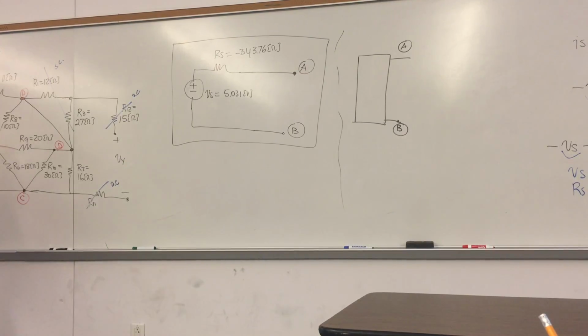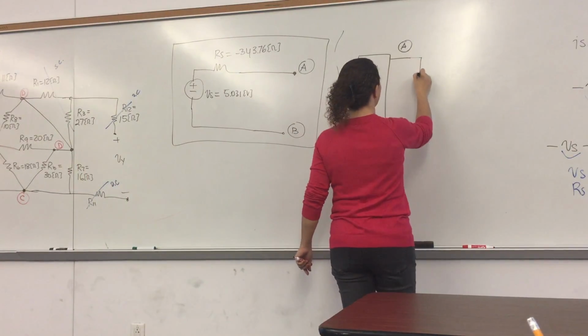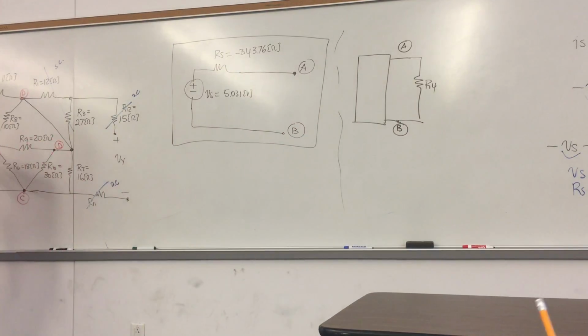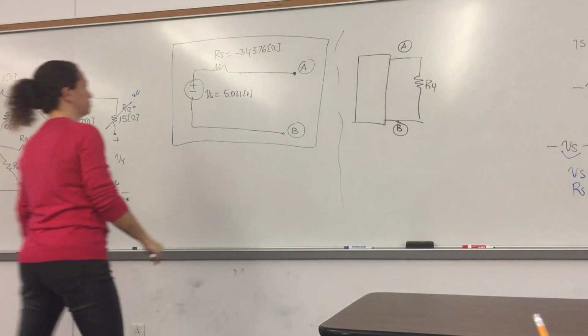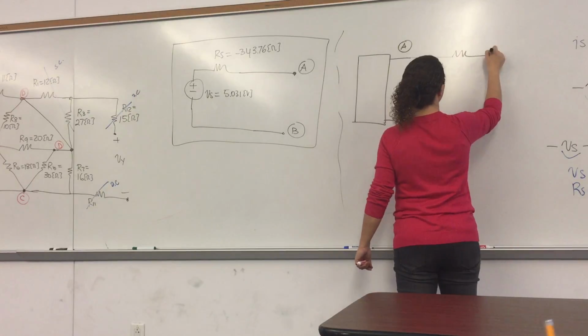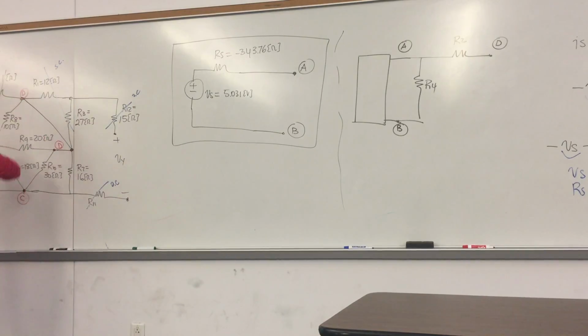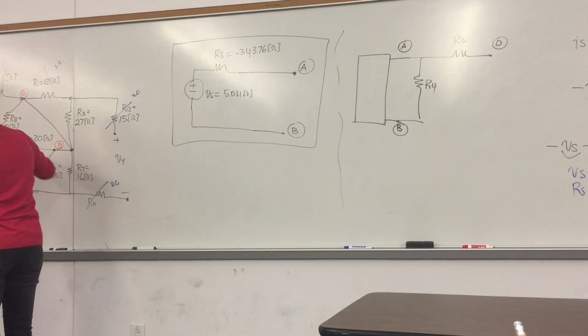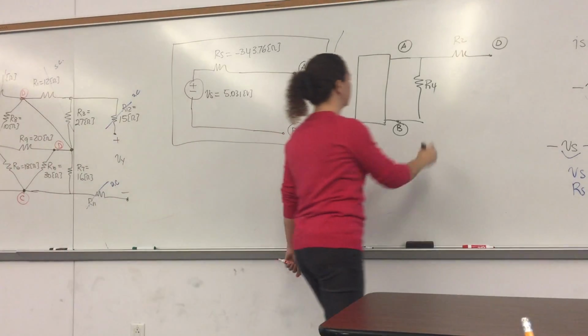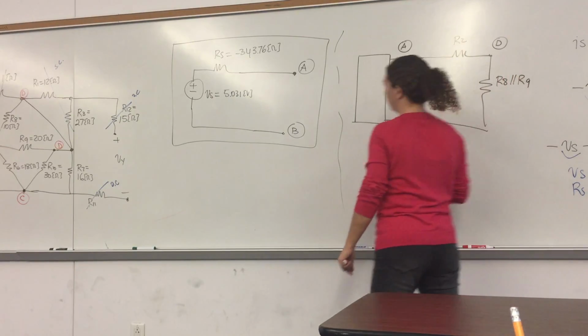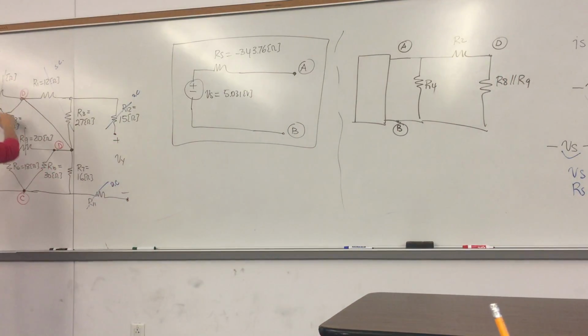Now let's redraw. So A to B, what do I have? We're doing resistor reducing practice: R4, A to B, R2, B to D, R8 and R9. What else?